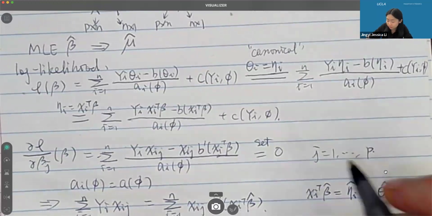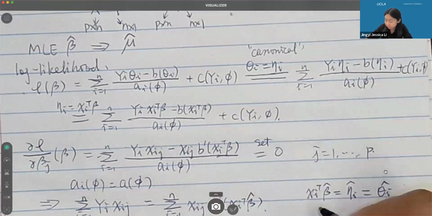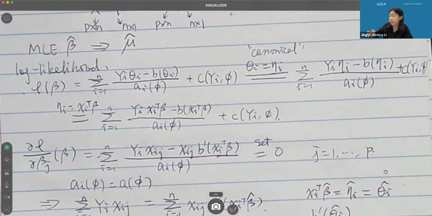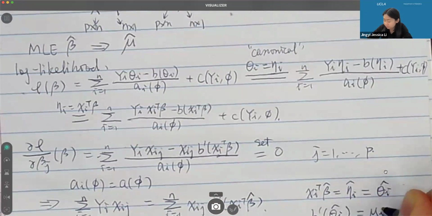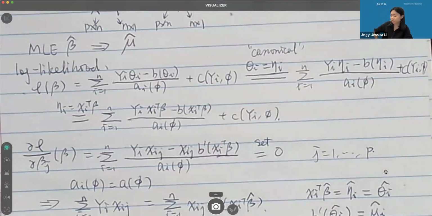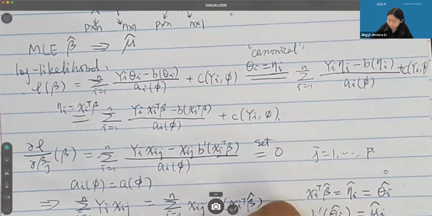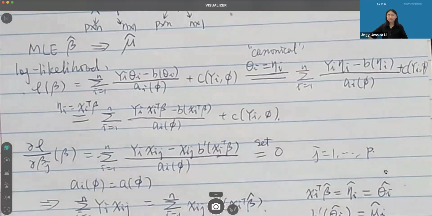So this is b prime of theta i hat. And because of the property of the exponential family, this is actually the definition of the expectation of yi. So this is my mu i hat. Things are linked in this way. That's why for the right-hand side, it's the sum from i equals 1 to n of xij mu i hat. That's exactly what we are getting.